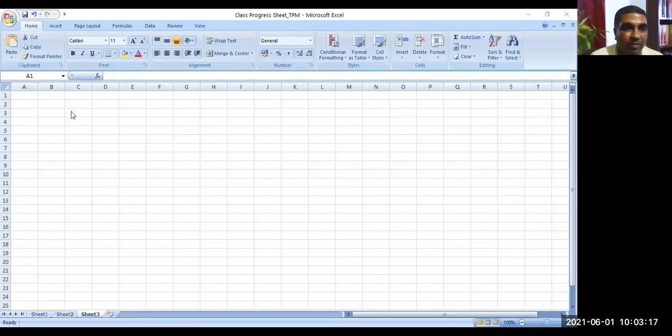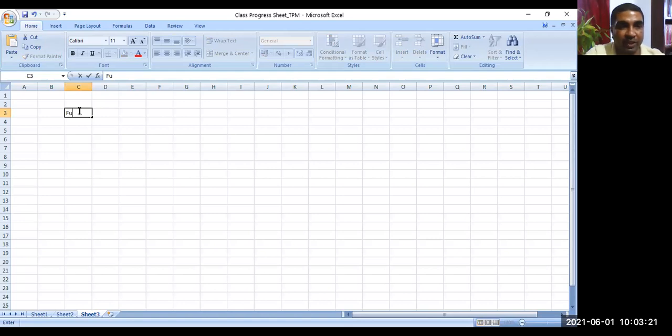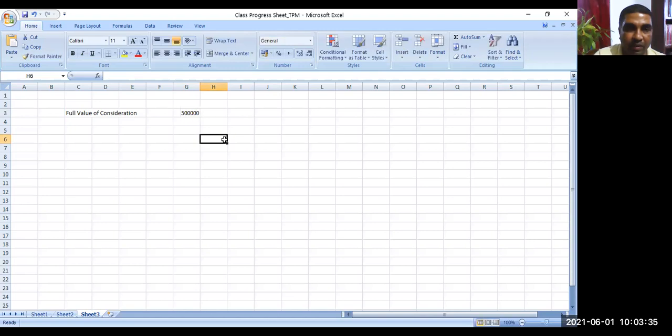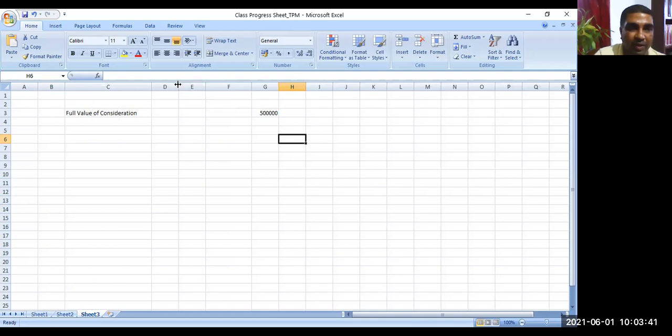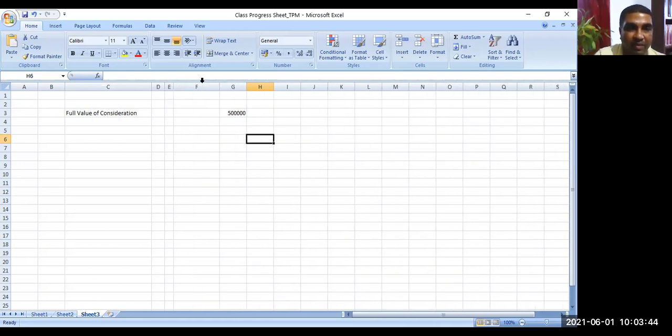Now you see what I'm saying, full value of consideration. How much? Are you able to see it? Yes, sir. In our example, I told you 5 lakh. Okay, this is the full value of consideration.